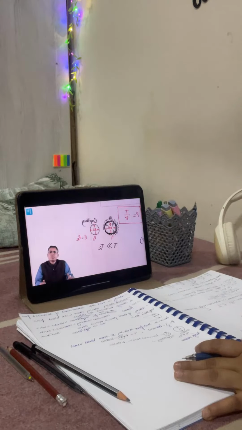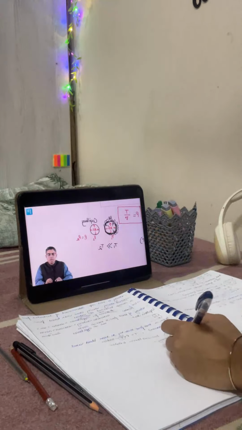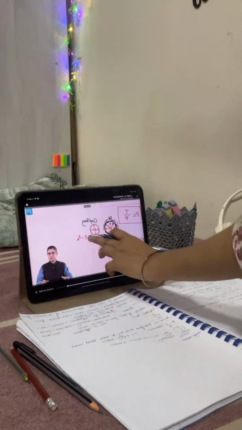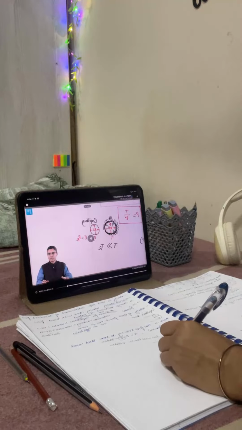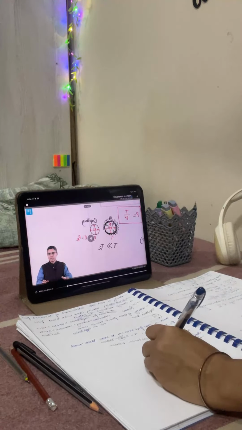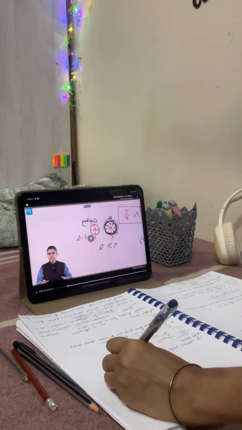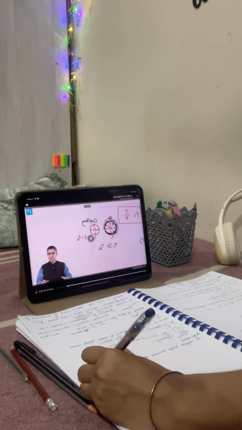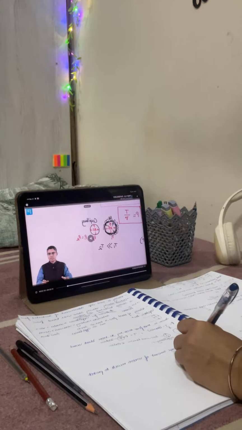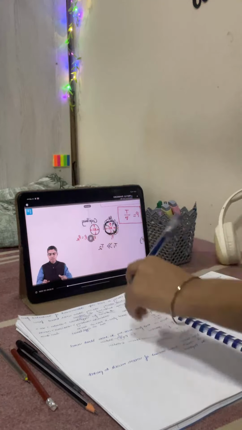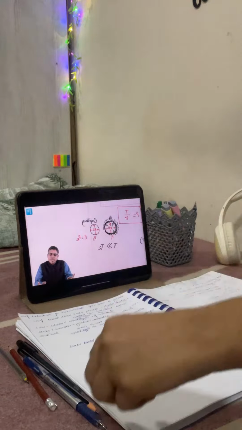That's why these vessels are equipped with more elastic tissue and more smooth muscle.